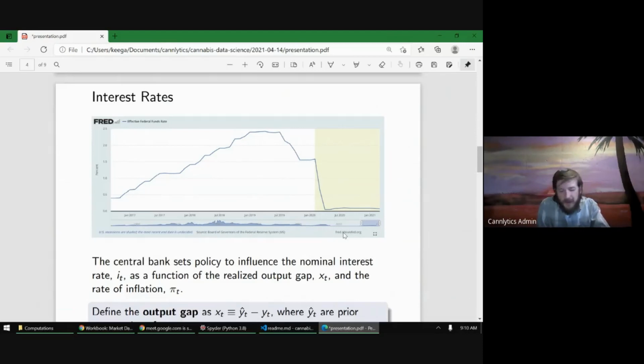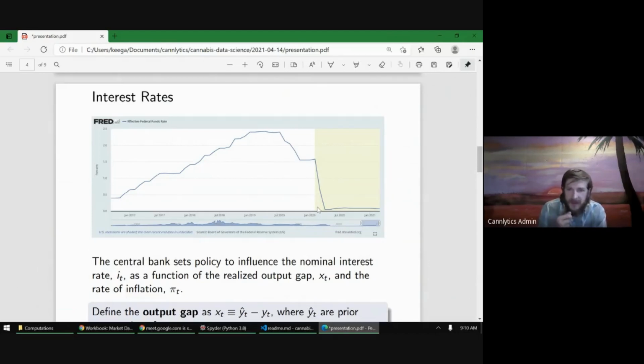They call it quantitative easing, where they give the banks effective negative interest rates. But like I said, there's criticism that it doesn't act the same as just moving the interest rate down.